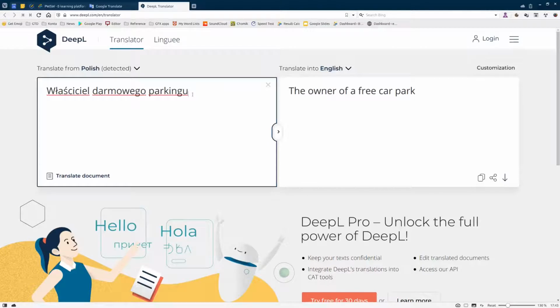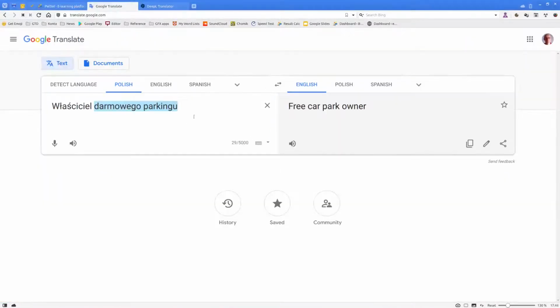Whereas when we say darmowy parking, we are not necessarily referring to a specific area. We are just looking for a possibility to park free of charge, right?